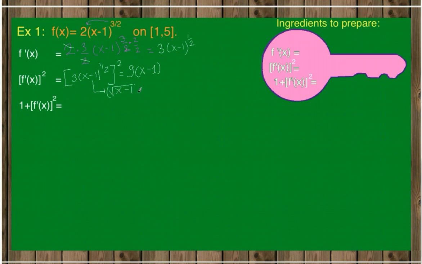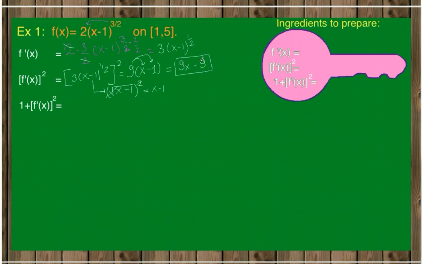And if you take the square of this, square root cancels out square and you get x minus 1. Now we're going to distribute 9 to the x minus 1. So 9 times x is 9x, and 9 times 1 is 9. So this is the square of the derivative of the function.